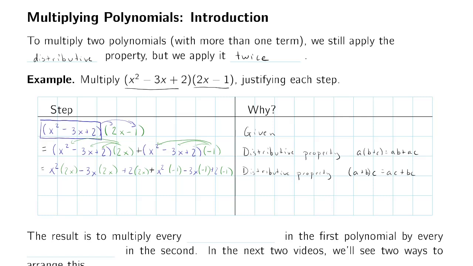And now, finally, we're left with multiplication of monomials, which we know how to do. x squared times 2x is going to give us 2x to the 2 plus 1, which is 3.